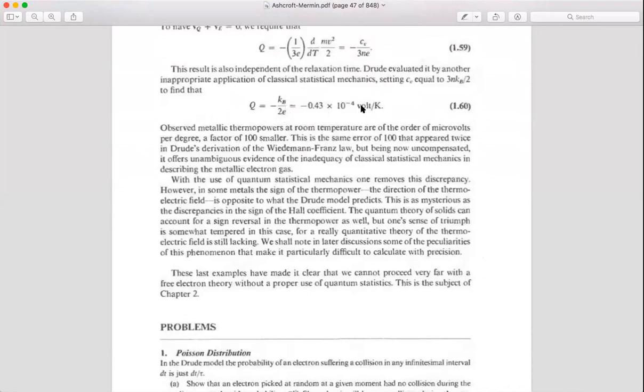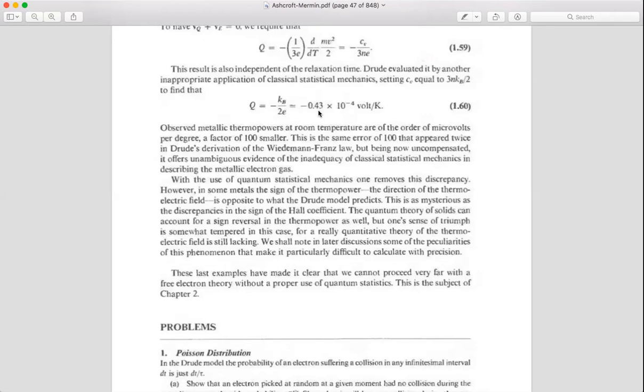And that constant is 10 to something times 10 to the minus 4 volt per Kelvin. And the experimental numbers for metals are microvolts per Kelvin, something like 10 to the minus 6 volt per Kelvin. What we are getting is 10 to the minus 4, 10 to the minus 5 volt per Kelvin. So obviously we are 1 to 2 orders of magnitude off. And that's precisely because of the overestimation of Cv, as I mentioned earlier.